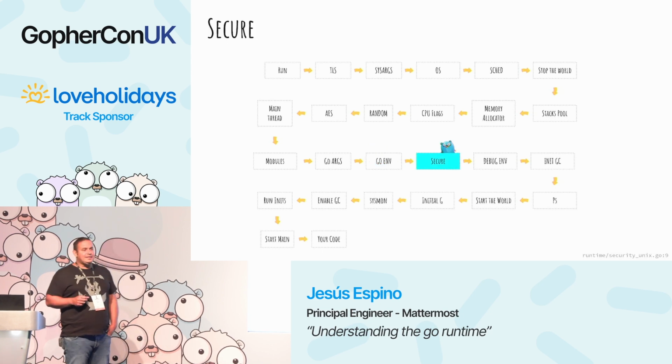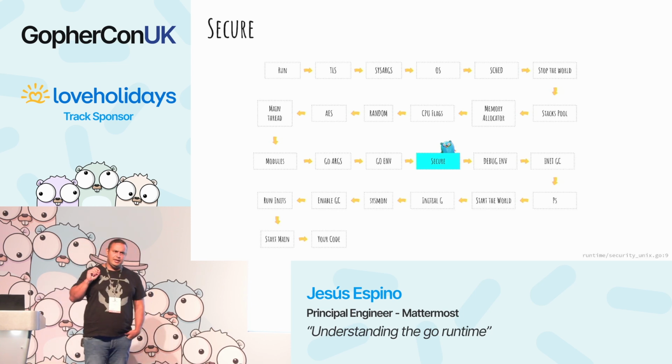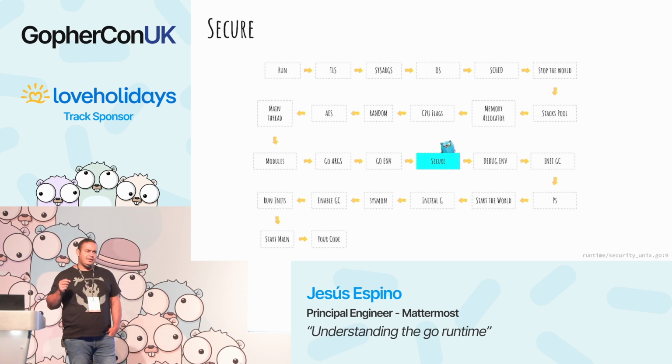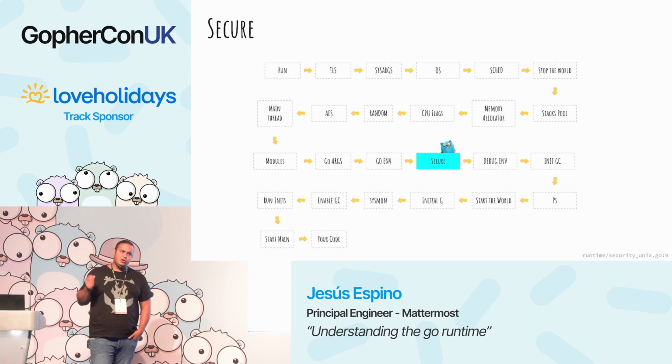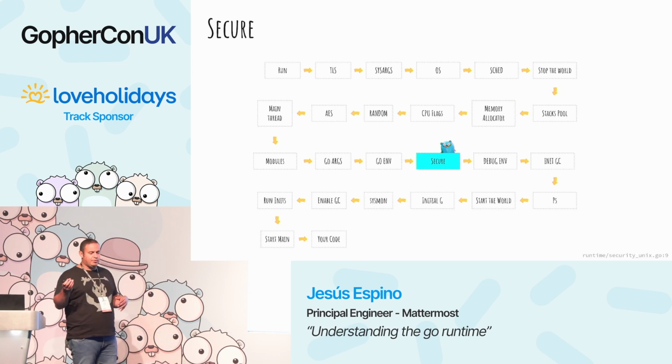Then we have the secure flag. Secure is going to take a flag that is set in the AUXV. The AUXV, apart from the environment variables and the args, has flags. And the secure flag is provided by the operating system when the binary execution needs to be especially careful about what it's doing because it can be insecure in some way.